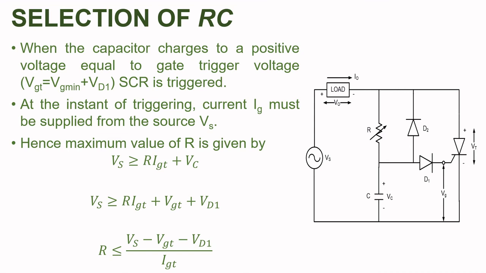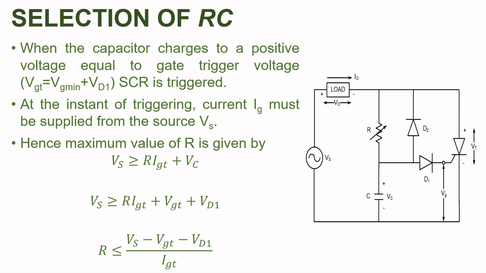Here, if we apply KVL in this path of triggering the SCR, we get the supply voltage should be greater than or equal to the voltage drop across the resistance R due to the gate triggering current plus the voltage across the capacitor. But we know that the voltage across the capacitor should be equal to the gate trigger voltage plus the voltage drop across diode D1.